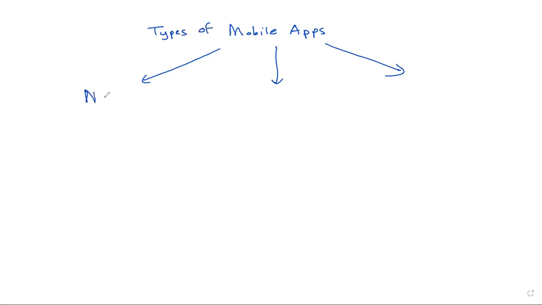Basically, we can divide the mobile apps into three types: native apps, web apps, and then we have hybrid apps.